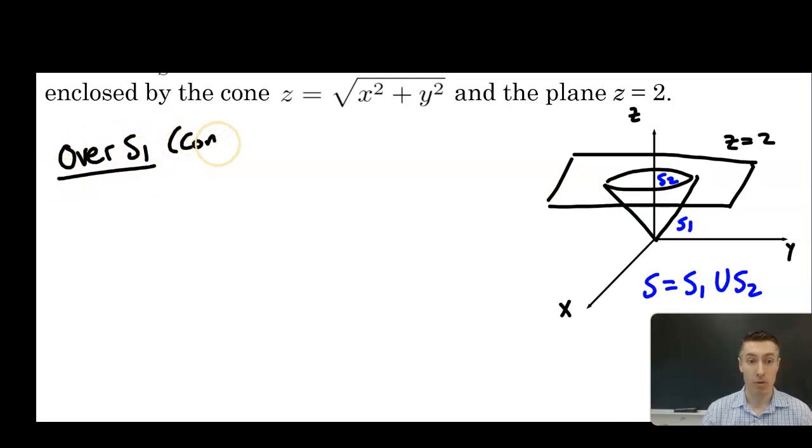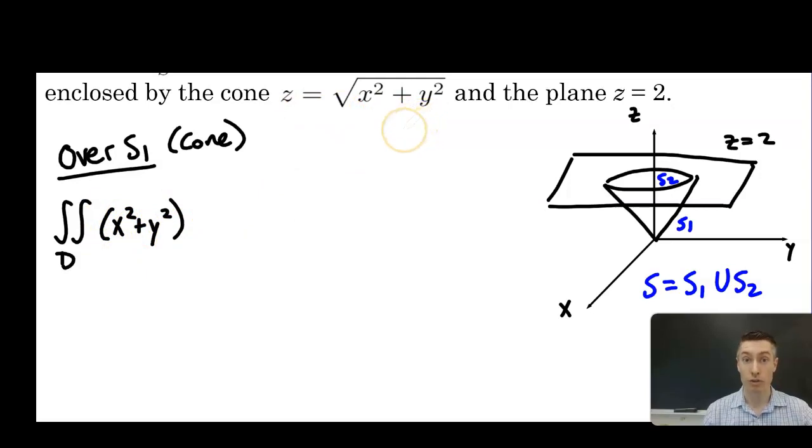That's the cone. The cone is defined explicitly, so we can use that second definition. So we have the double integral over the domain D, not sure what that is yet. And then the function is x squared plus y squared. That stays x squared plus y squared, because explicitly we're using a trivial parameterization. So x and y are the parameters, so they stay.